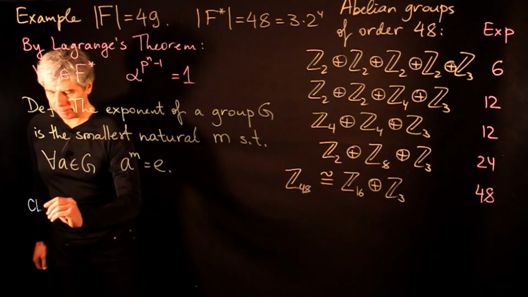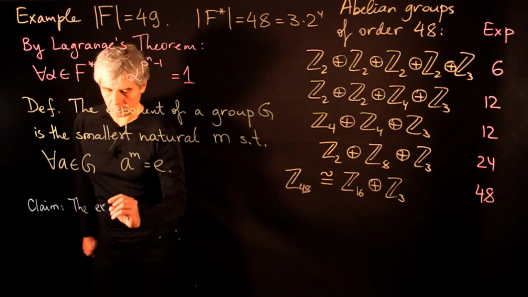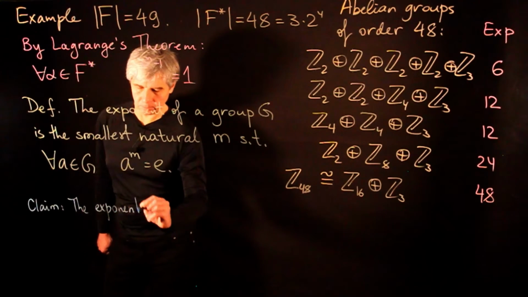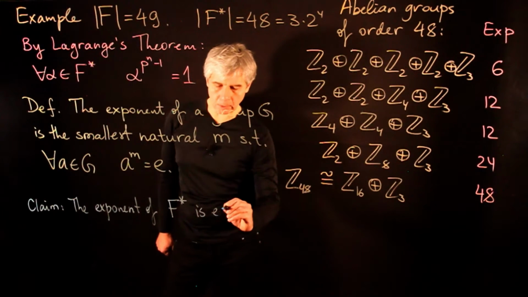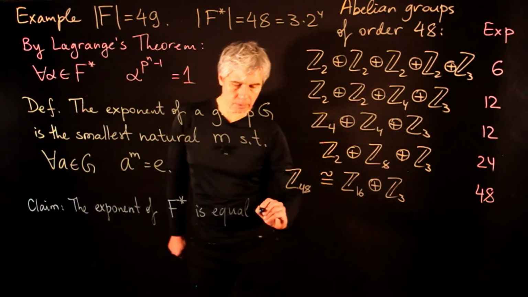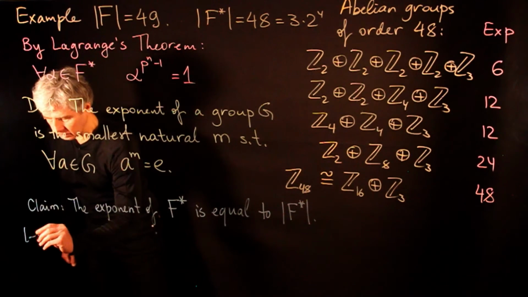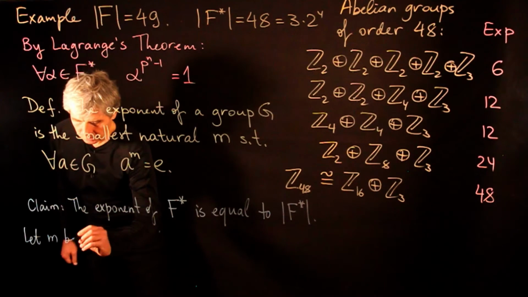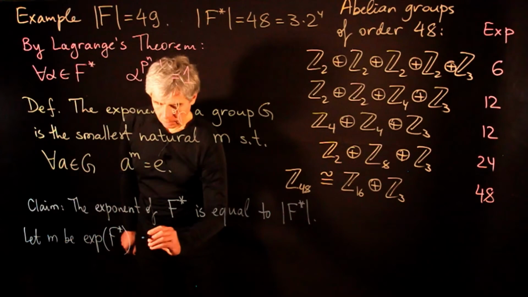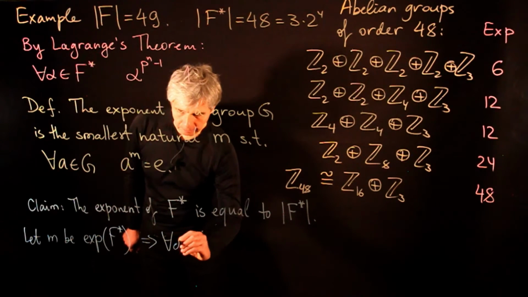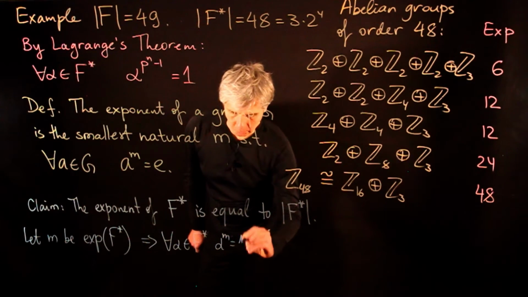We make the following claim, that the exponent of the multiplicative group of a finite field is equal to its order. Indeed, let m be the exponent of F star, then this tells us that for all alpha in F star, alpha to the power m is equal to 1.